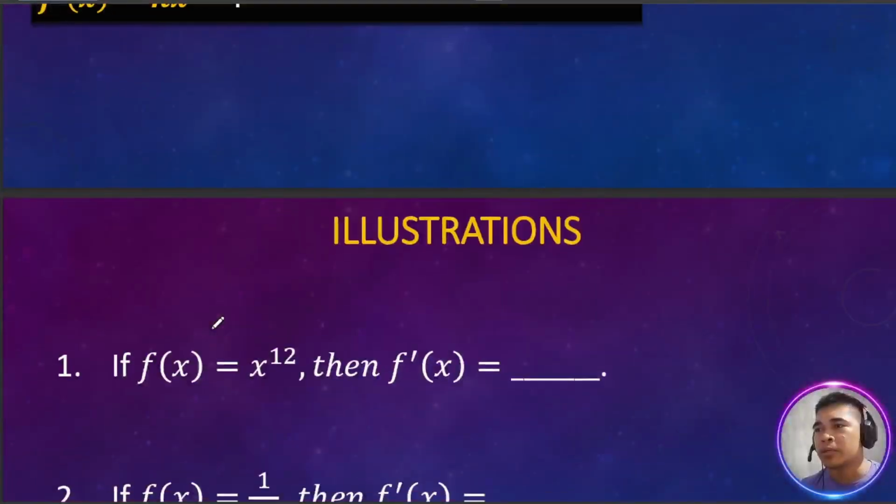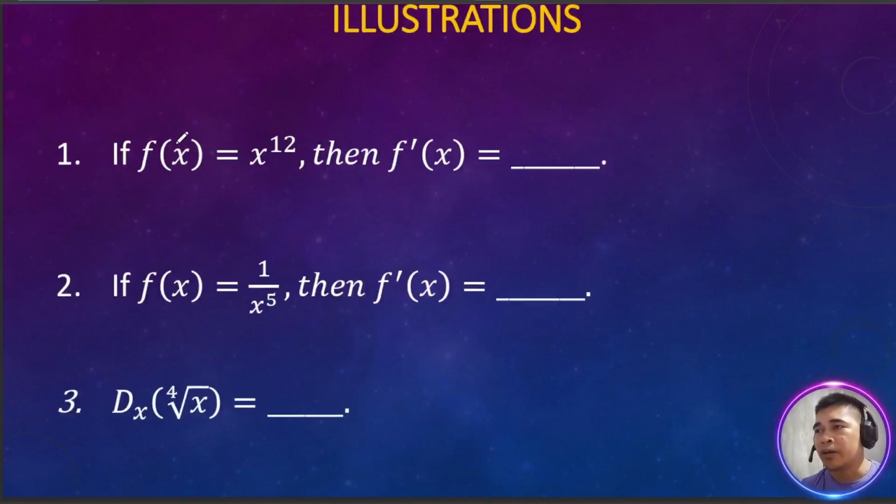So here's an illustration. If f of x is equal to x to the power of 12, then what is the derivative of x? So we have the derivative of x is equal to, since we are given x to the power of 12, our n is 12.